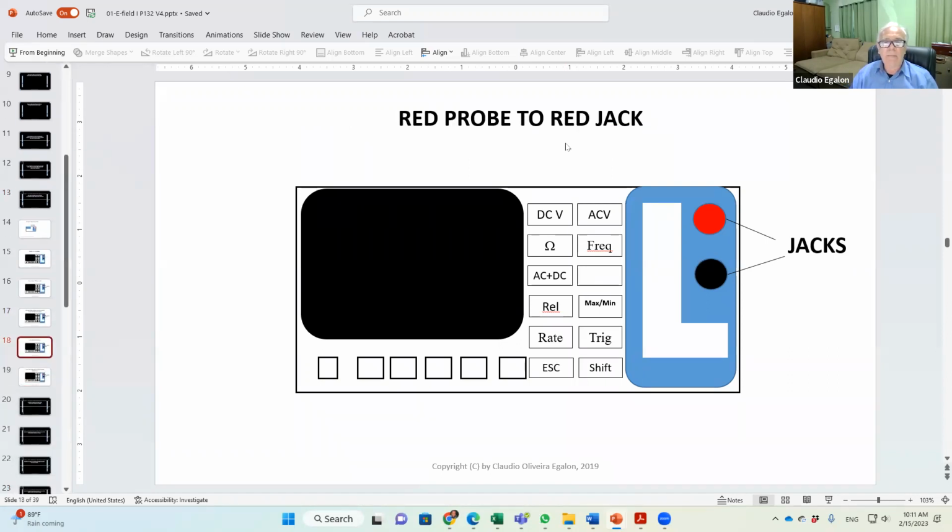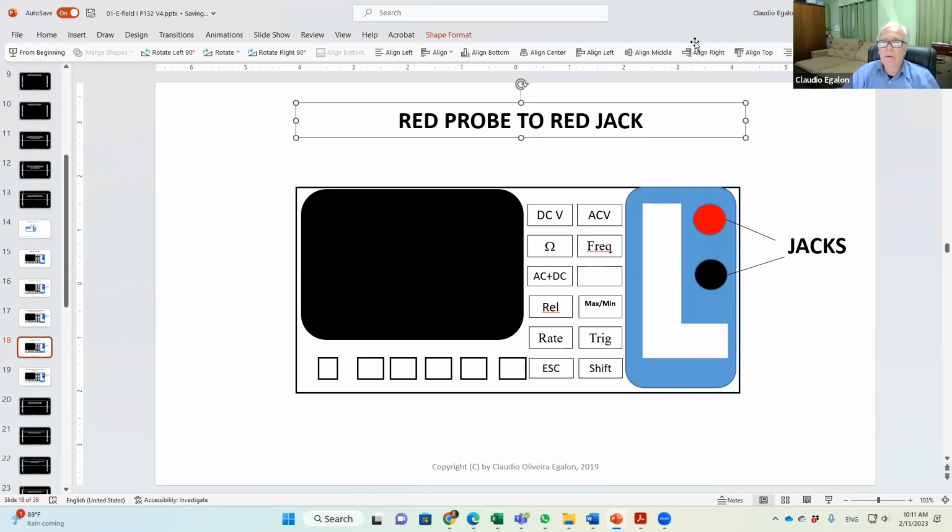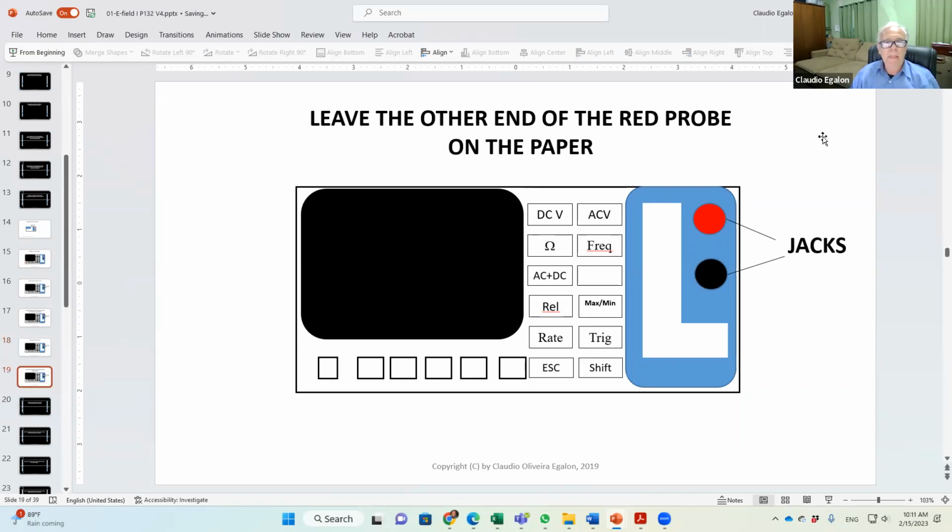And then the other end, here you go, red probe to the red jack. Now, basically, I'm connecting first the negative and then the positive. Leave the other end of the red probe on the paper.